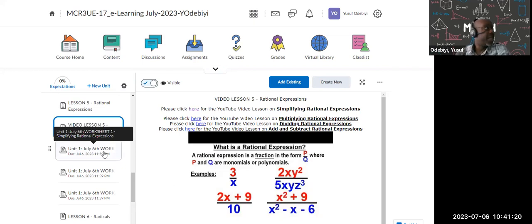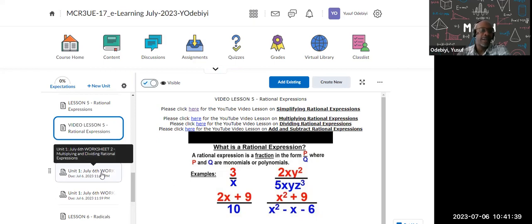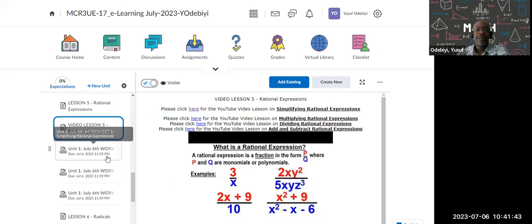The only way for me to see that is if you submit into the Dropbox: take a picture, scan it, whatever, and put it in the Dropbox for that particular assignment. Then I will reply with the step-by-step answers. I don't just give out the step-by-step answers, otherwise you're not learning, and then you would fail the test.